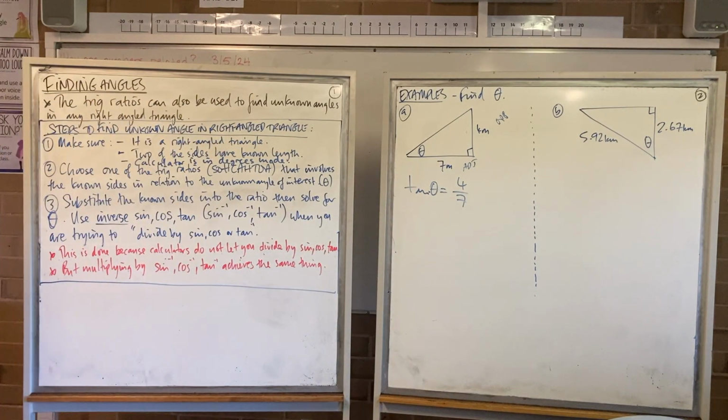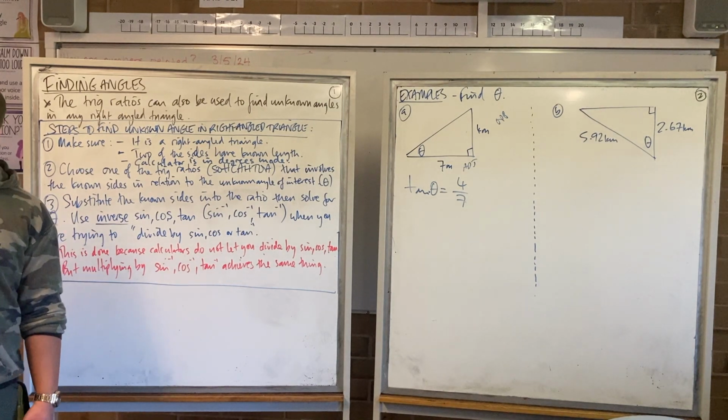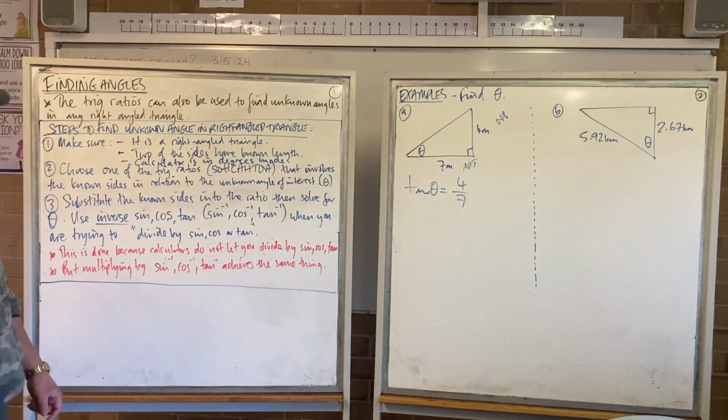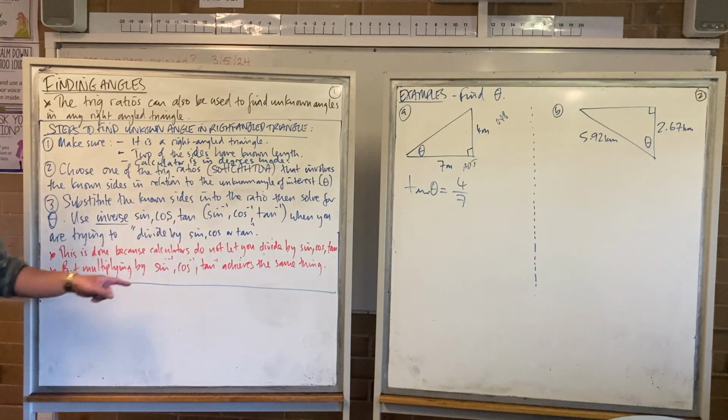So instead, if you look at the buttons on your calculator, there should be an option that says sine to the -1, cos to the -1, tan to the -1. That's what you use when you want to divide by sine, cos, or tan. The calculators do not let you divide by sine, cos, or tan, but multiplying by sine to the -1, cos to the -1, or tan to the -1 achieves the same thing.